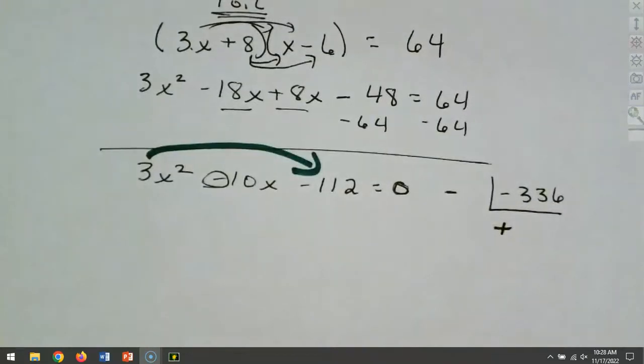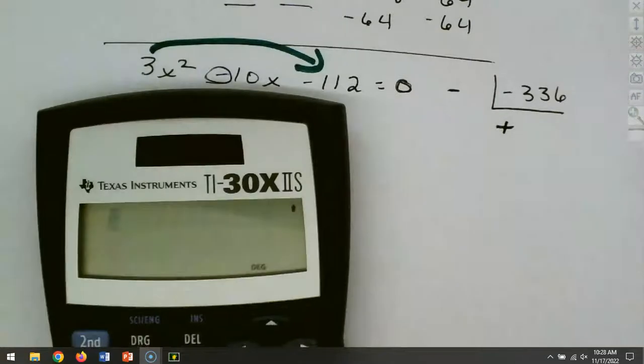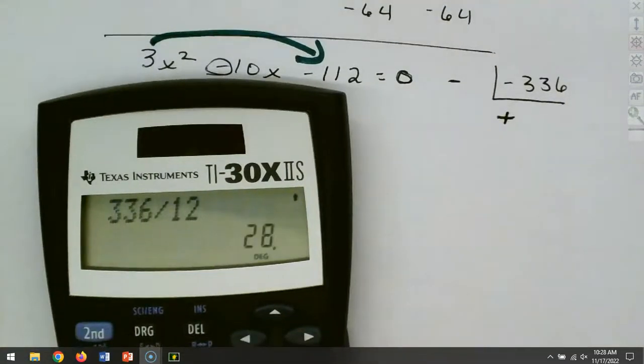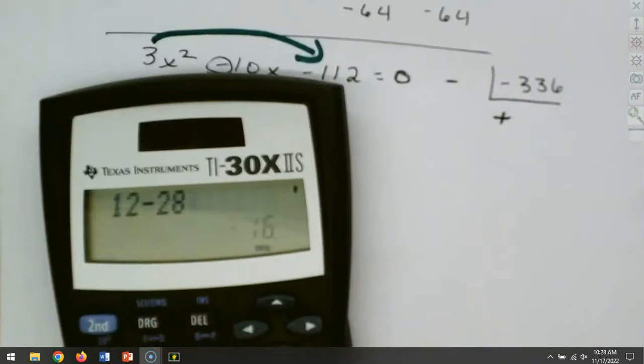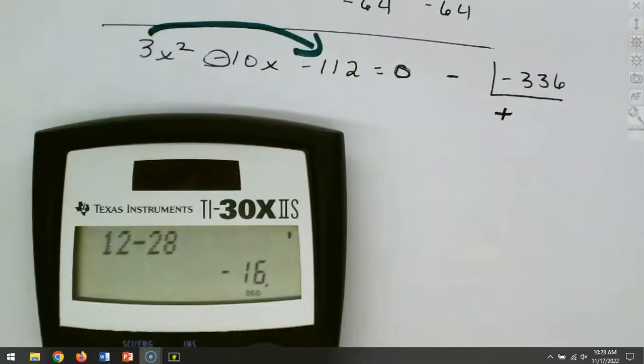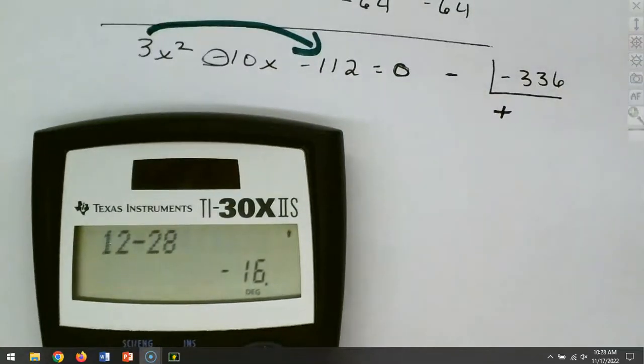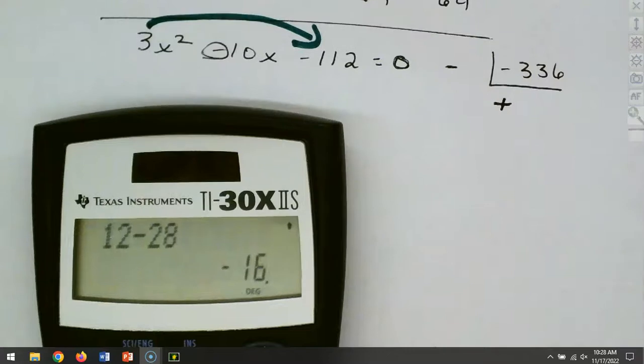Where do we begin? Well, 336, that's an even number. So let's start with a 12. I don't know that it'll work, but we're going to start with a 12. Okay, 12 and 28. 12 minus 28, what is that? 16. Fairly close. Okay, so we used a 12. Let's move up to a 14.